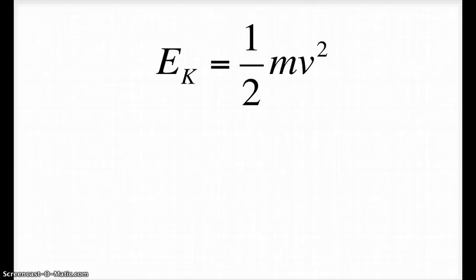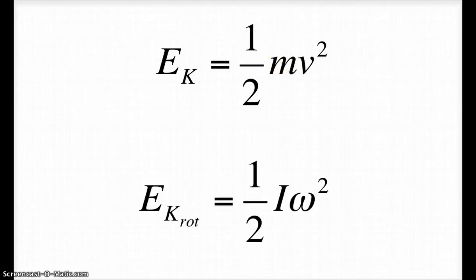So what's the formula going to be for rotational kinetic energy? Well, instead of mass, instead of regular inertia, we need the rotational inertia, or the moment of inertia. We call that I, the moment of inertia. And instead of regular old linear speed, we use omega, which represents the angular speed.